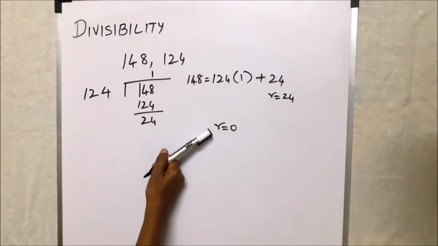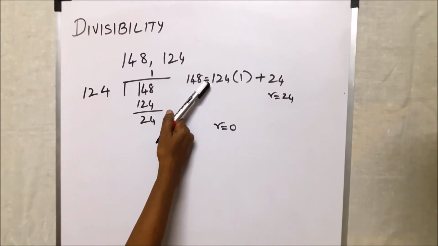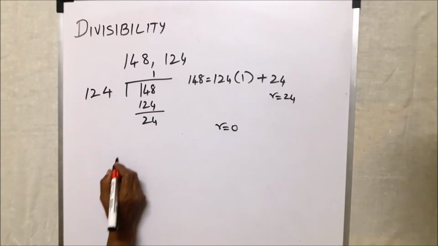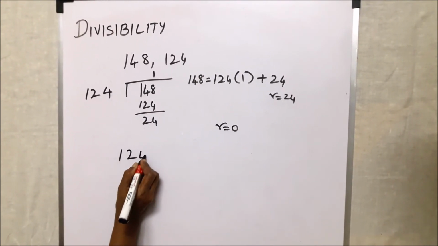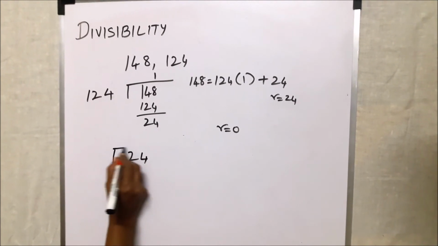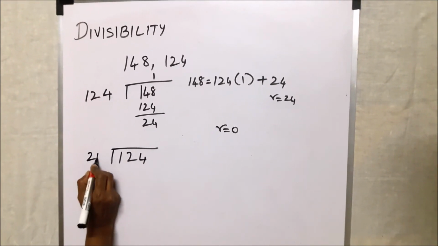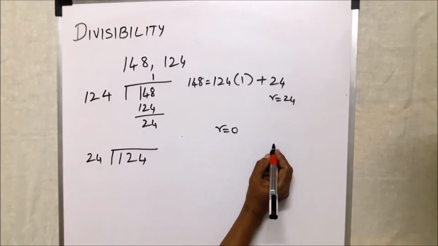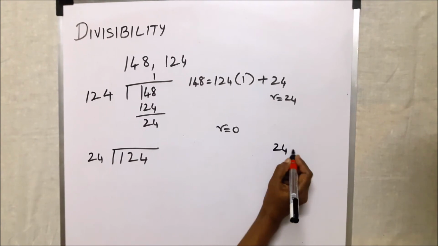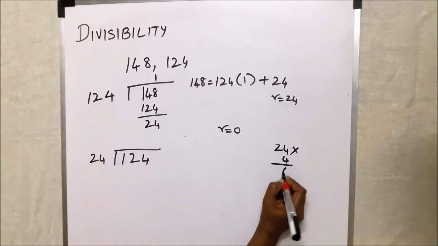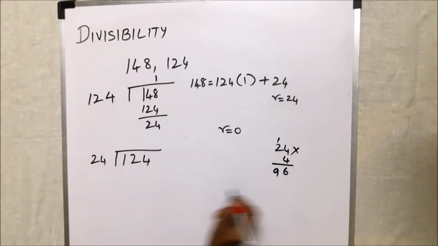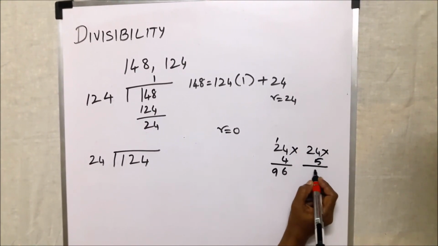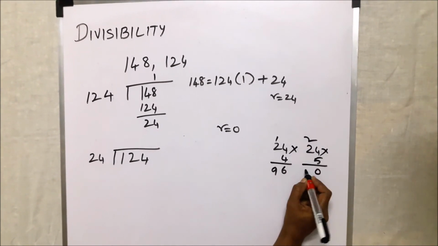So, in order to get r equal to 0, let us consider the next two numbers, 124 and 24. Which is larger? 124 is larger. So we are going to divide 124 by 24. How many times does it go? 24 into 4 is 96, and 24 into 5 is 120.